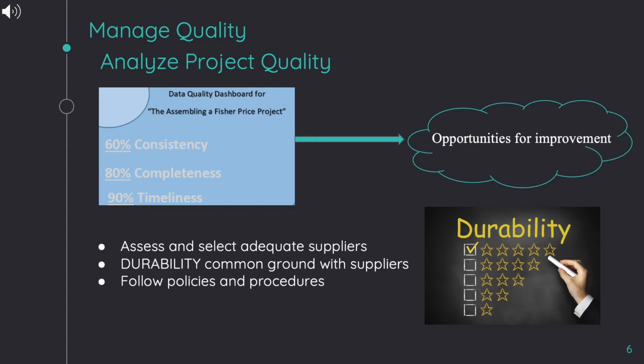So here we find a 40% area of improvement in consistency, a 20% area of improvement in completeness, and a 10% area of improvement in timeliness.